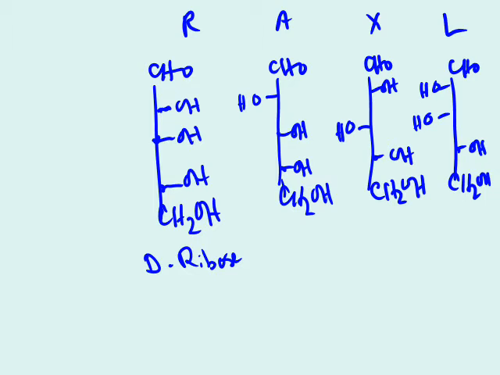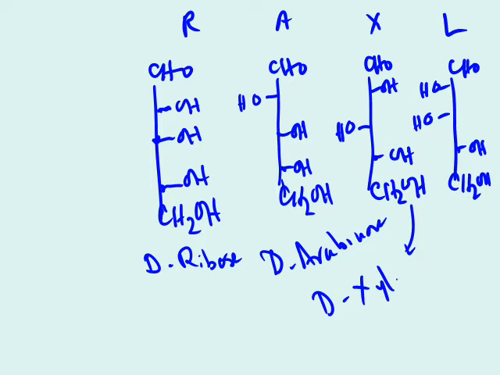So keep that in mind. This is D-arabinose, and this one is D-xylose. Make sure you know these names, and D-lyxose. So what I'm trying to show you is, without memorizing Fischer projections, you can predict them.